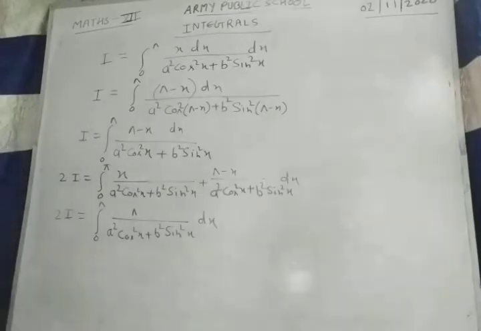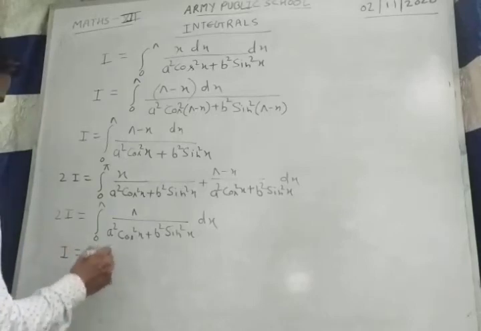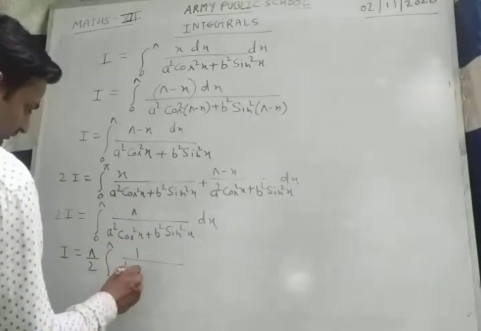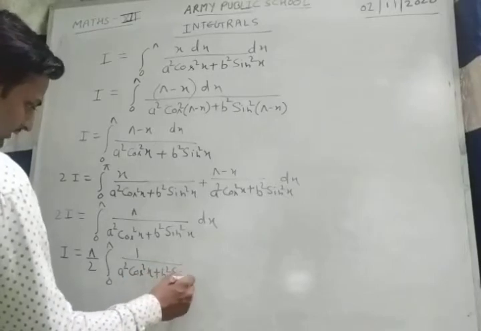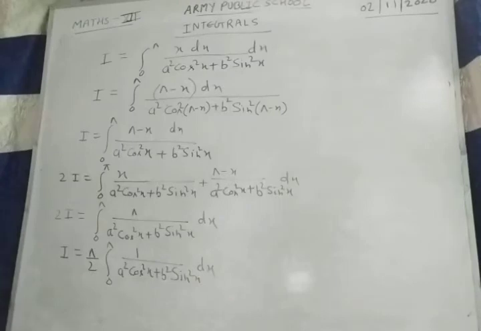Now we write I is equal to pi by 2, integral from 0 to pi of 1 by a square cos square x plus b square sin square x dx. Okay. So after this what we will do, we will divide the numerator.